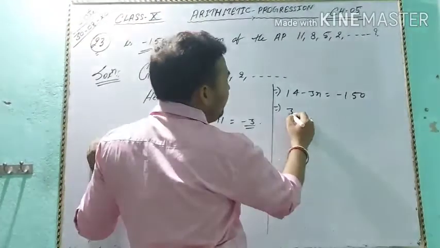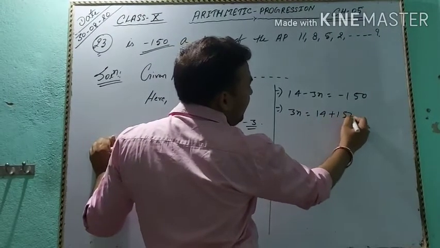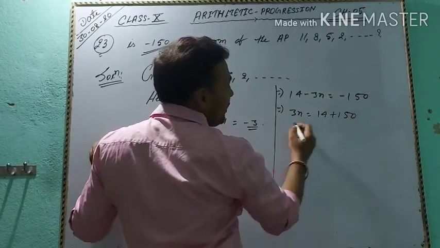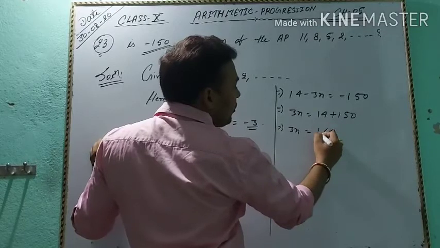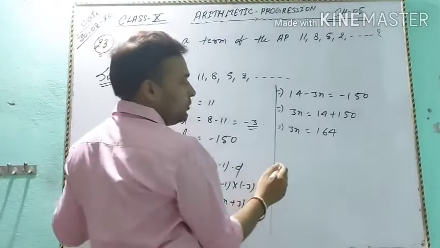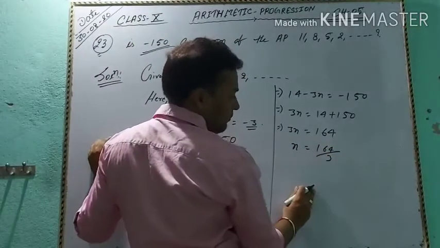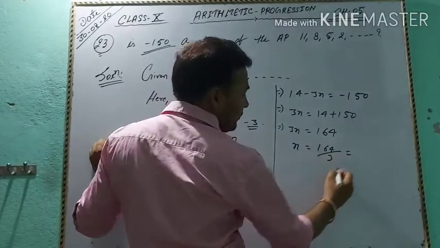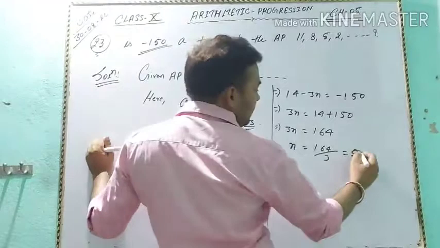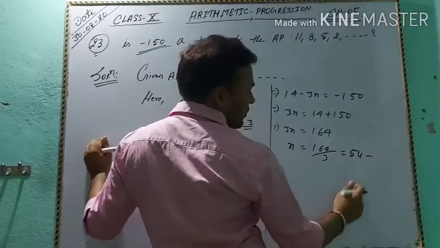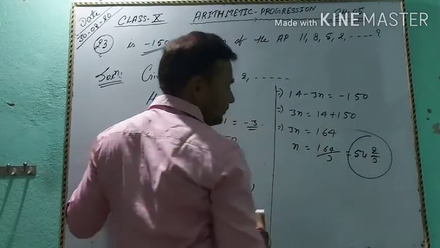Bringing 150 to this side and minus 3n to the other side, 3n equal to 14 plus 150, that is 164. So n equal to 164 by 3, that is 54 and 2 by 3.